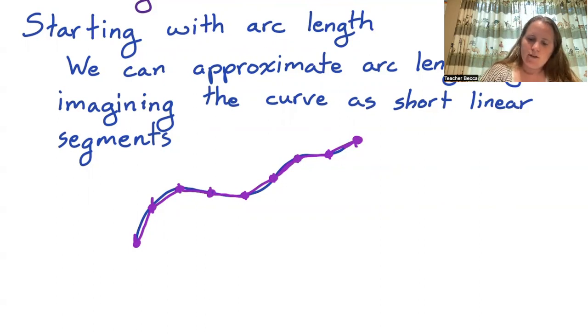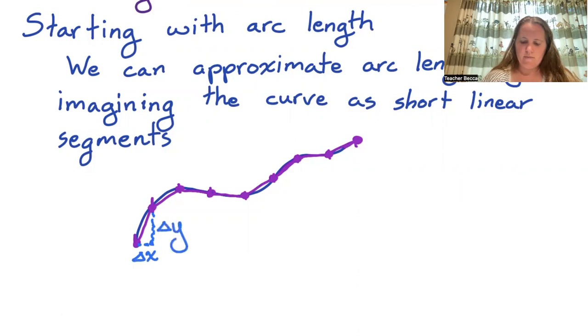So for each of these segments, we can figure out that length by doing the Pythagorean theorem. So we have our change in x and our change in y for each segment.